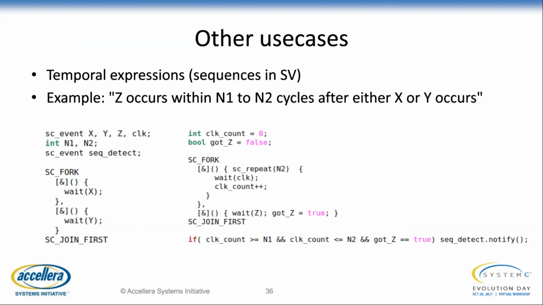But if you want to code the logic of an assertion or something like this using procedural code, you don't like declarative code for some reason, you can use forks.